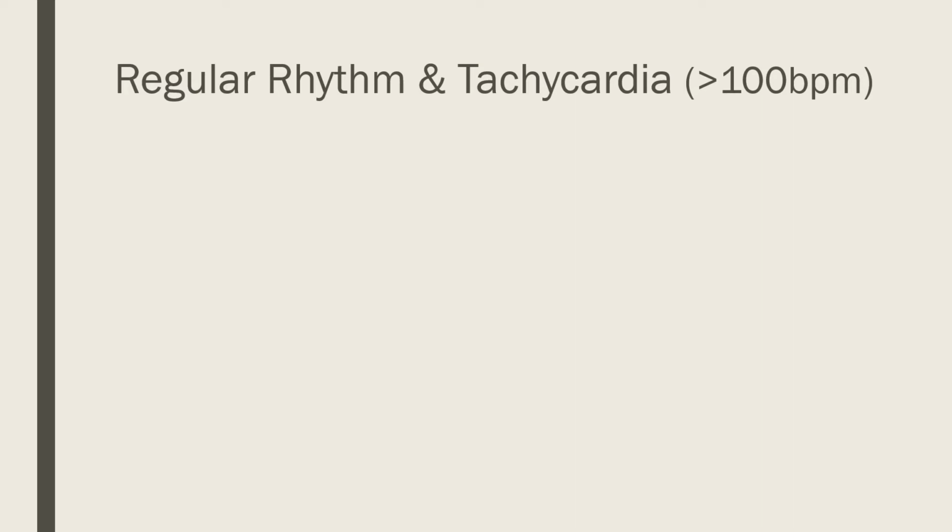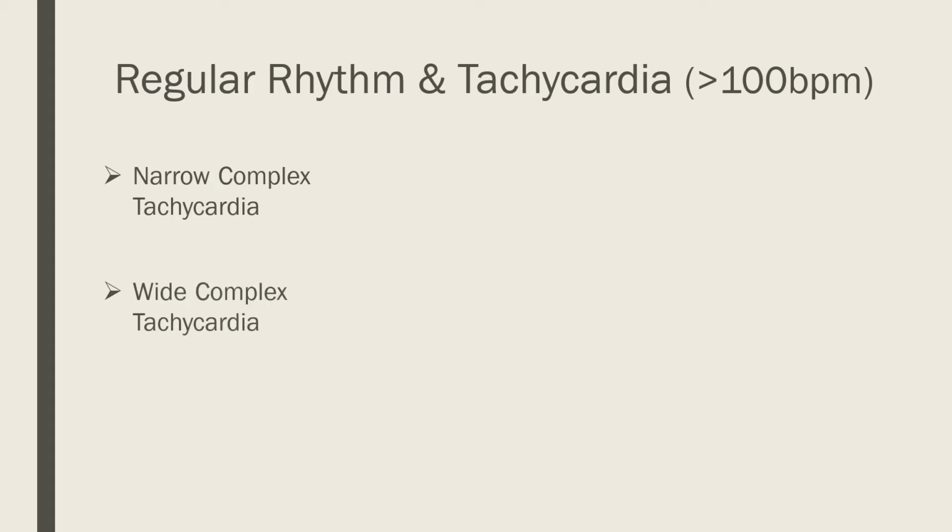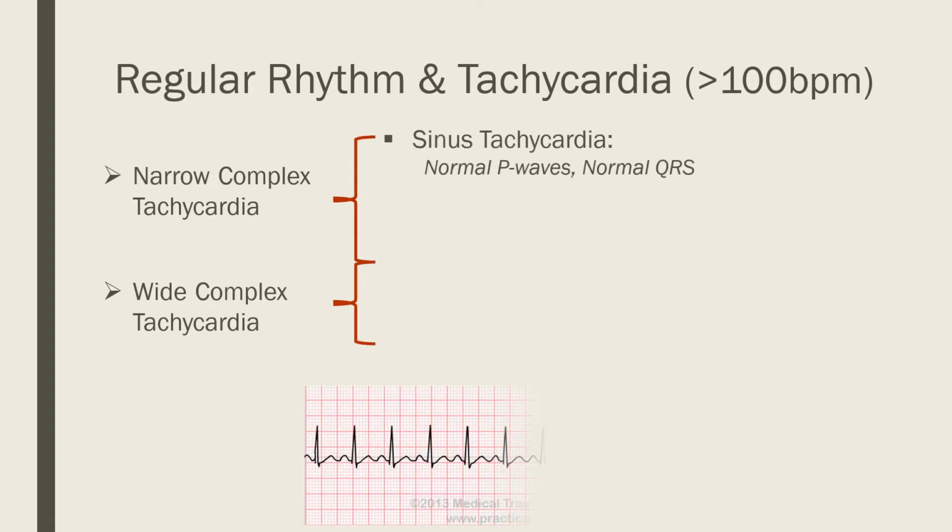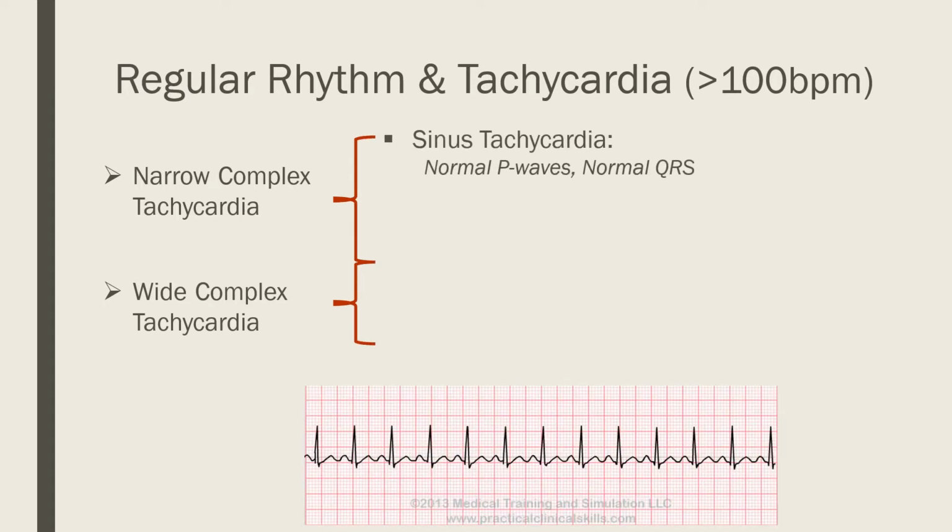Now, what are the types of regular rhythm with tachycardia, more than 100 beats per minute? We have two types, narrow complex tachycardia and wide complex tachycardia. Regarding narrow complex tachycardia, we have sinus tachycardia, in which there is a normal P wave with a normal QRS in each complex.